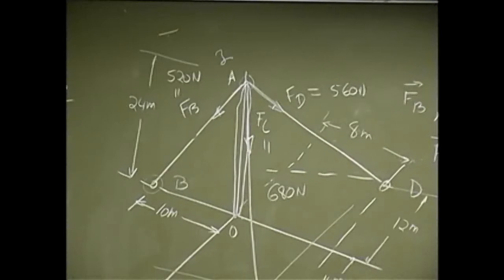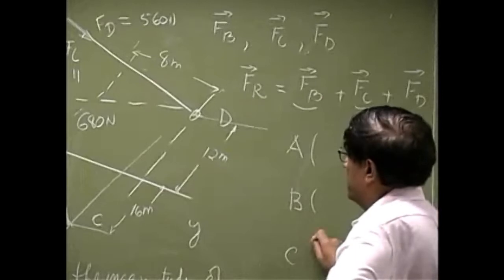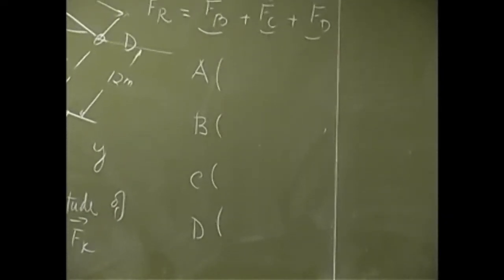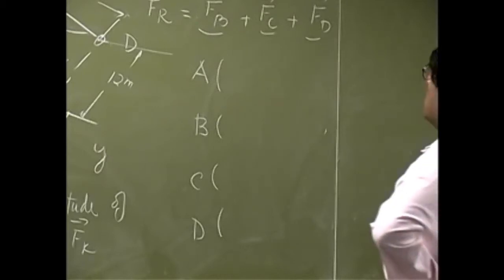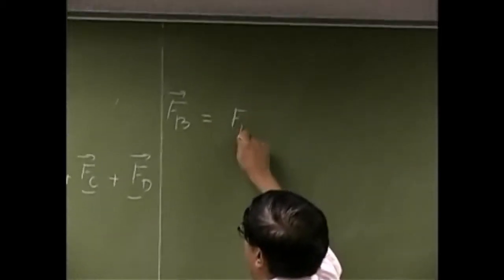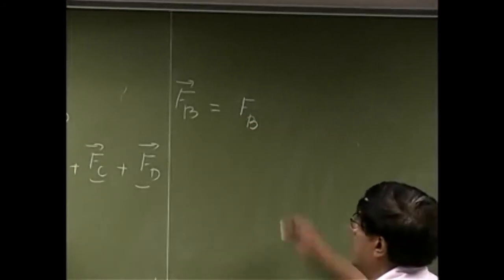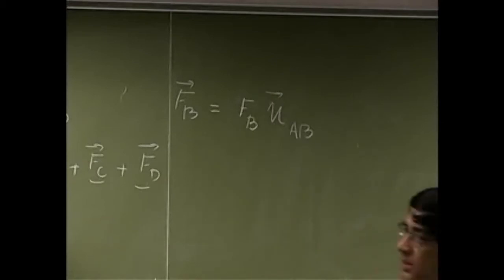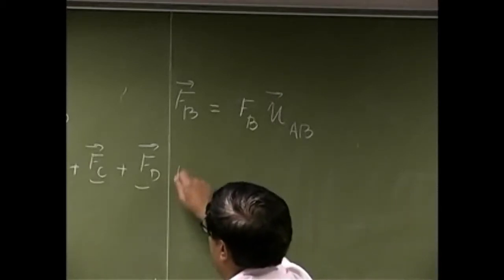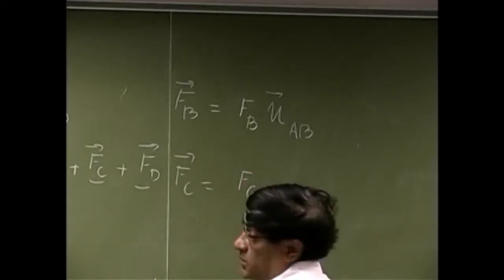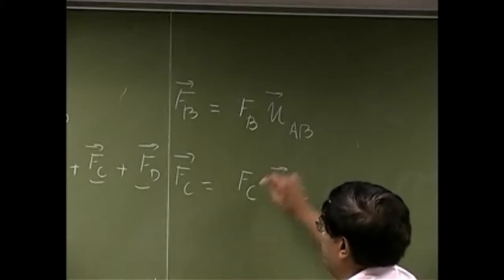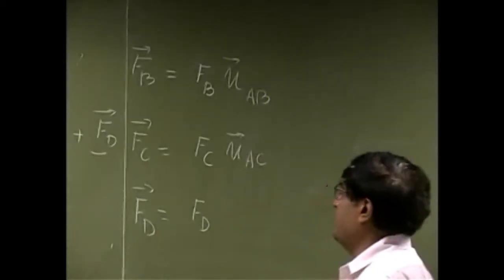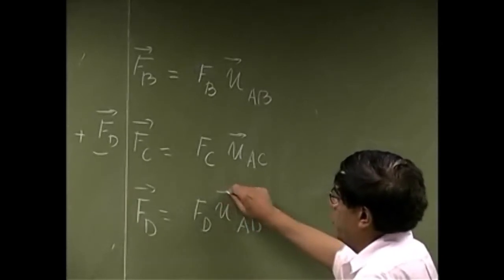So we should be able to get the coordinates of points A, B, C, and D, and if we know that, then this force Fp will be equal to its magnitude multiplied by a unit vector which goes from point A to B. Same way, your force Fc will be the force magnitude multiplied by a unit vector going from point A to C. Same way, your force Fd will be the force magnitude and a unit vector going from point A to D.